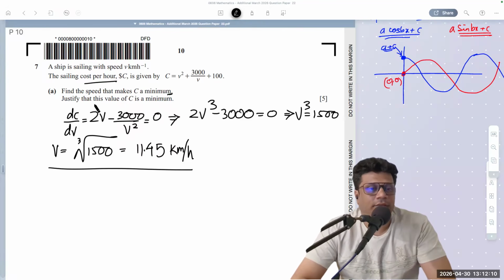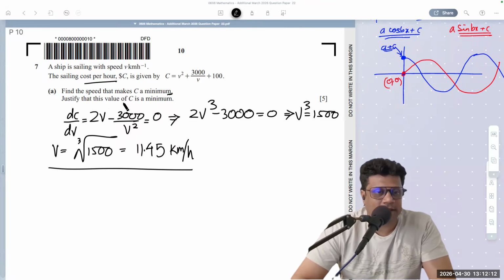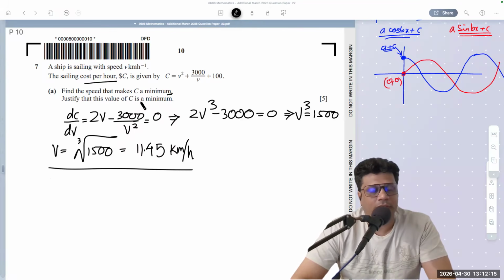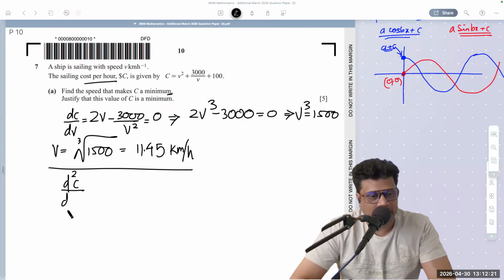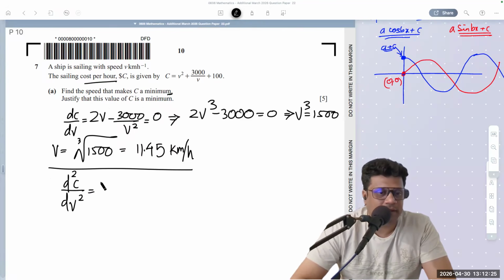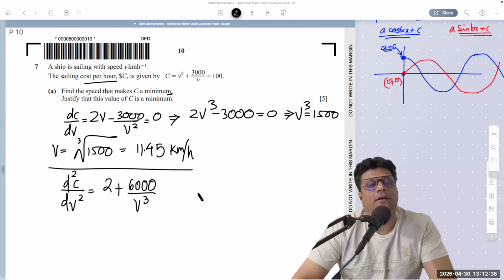Now they're like, justify that this C value is the minimum. Okay, so I'll do the double derivative test. I will differentiate the C function twice. It comes out to be 2 minus 6000 by V cube.